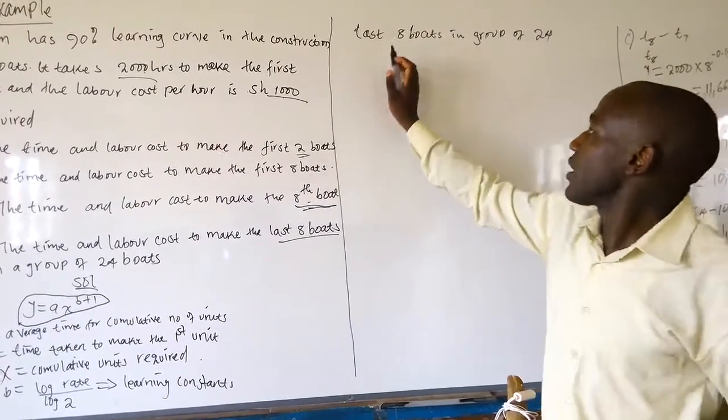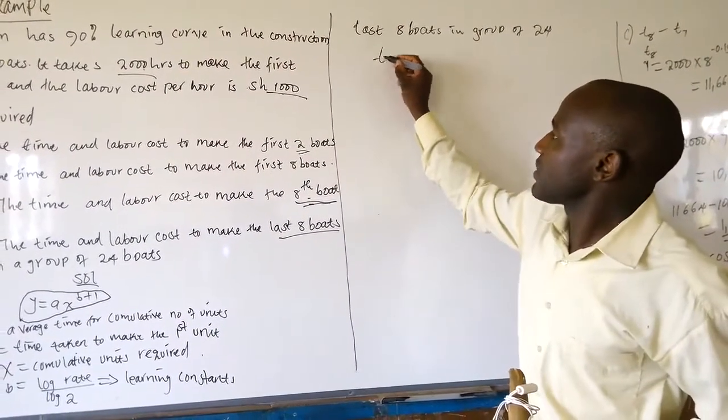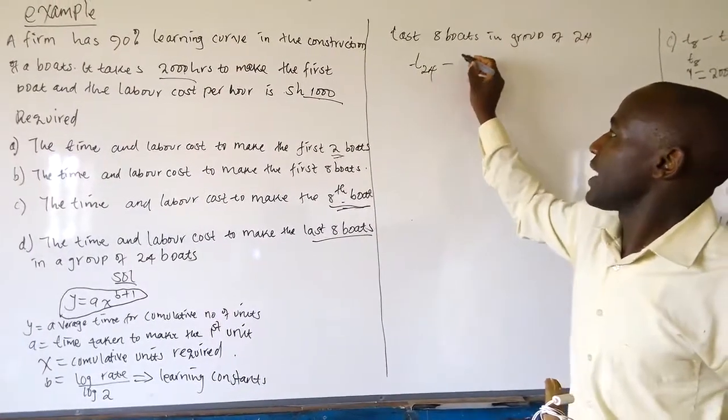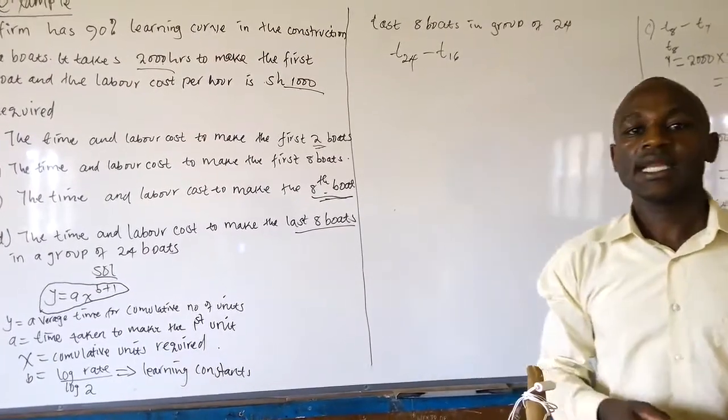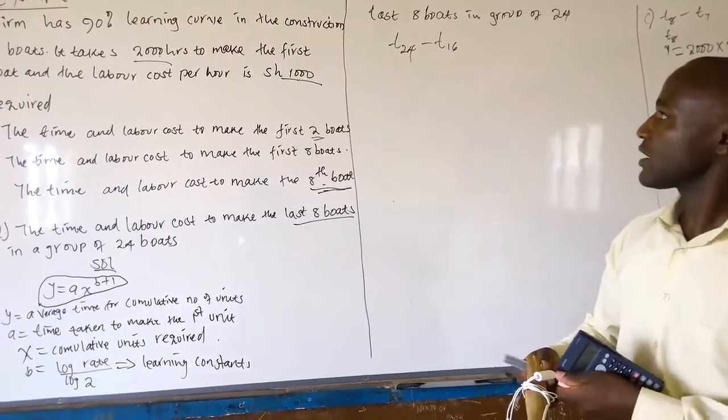We will get the time taken to make the 24 minus the time taken to make the 16, because 24 minus 16 is the one that will give us 8.